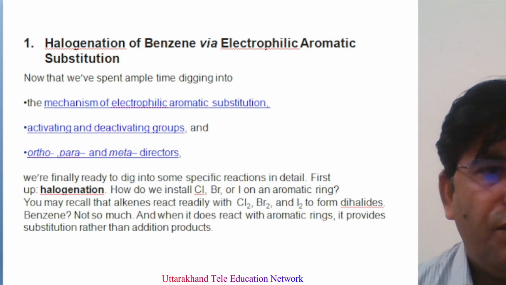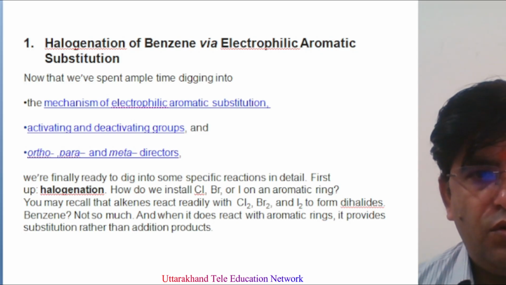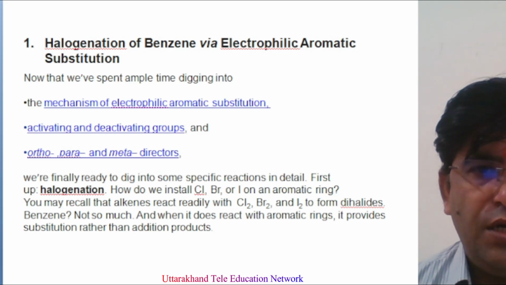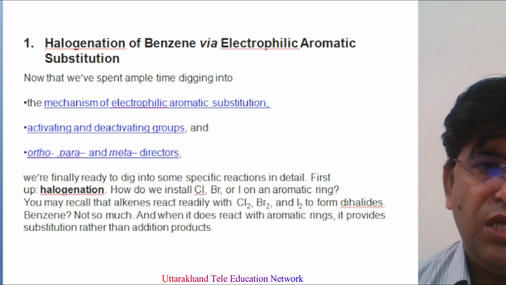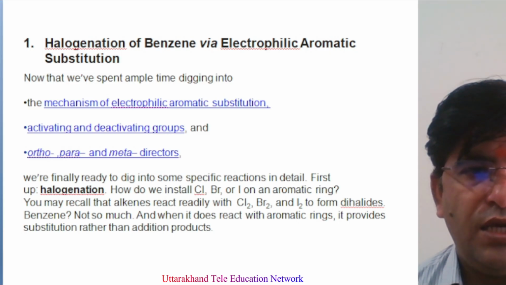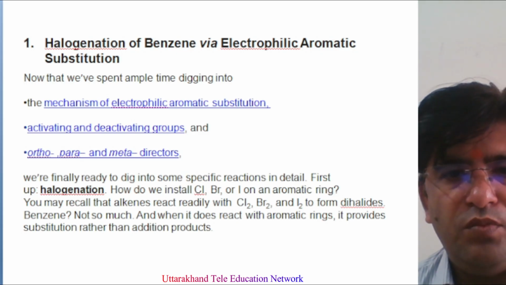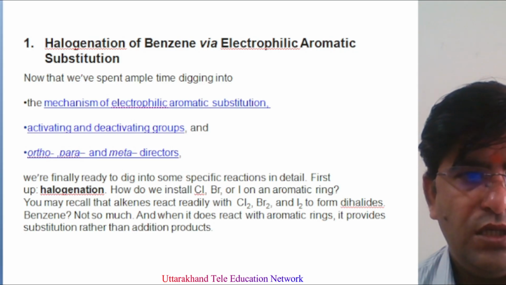We are finally ready to dig into some specific reactions in detail. First of all, halogenation. How do we install Cl, Br, and I on the aromatic ring? You may recall that alkenes react readily with Cl2, Br2, and I2 to form dihalides.